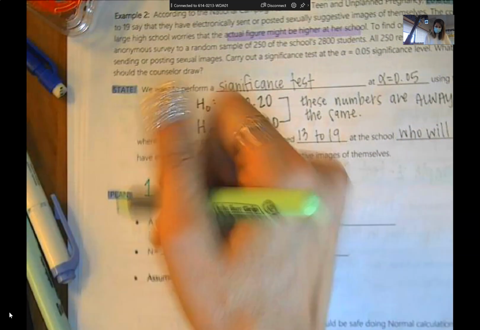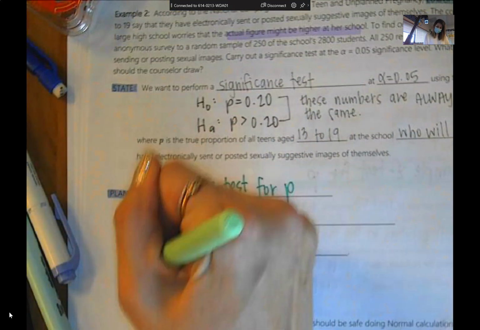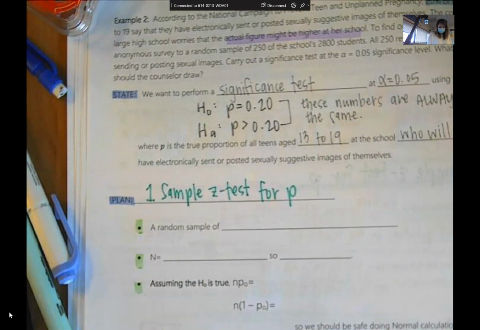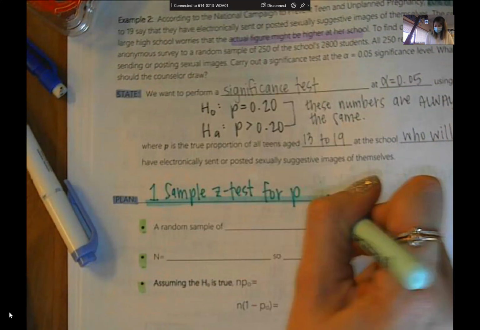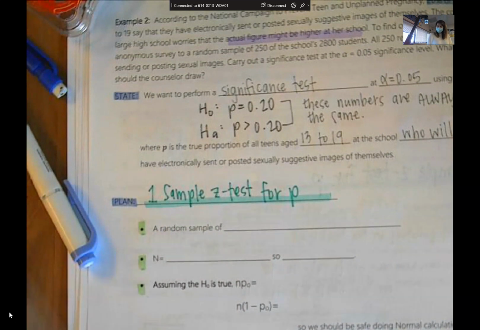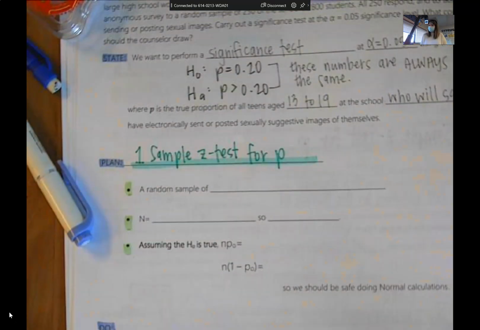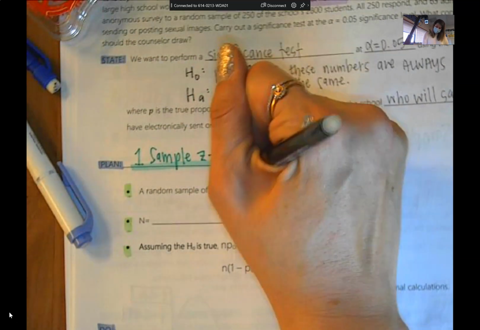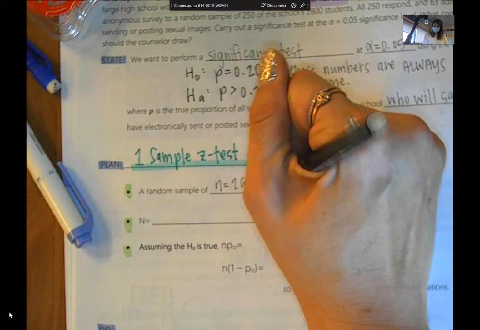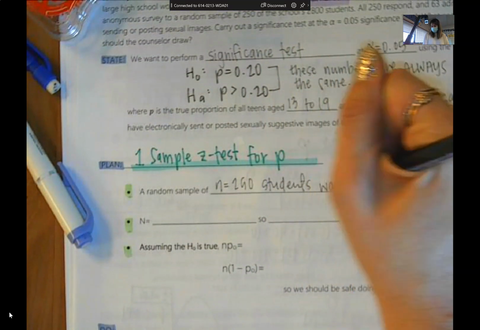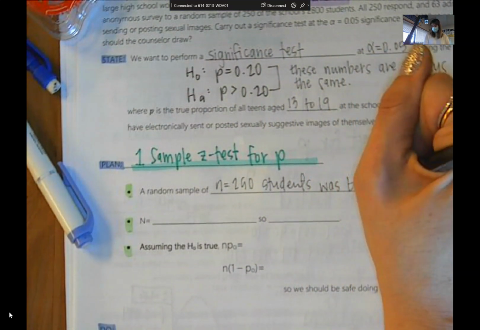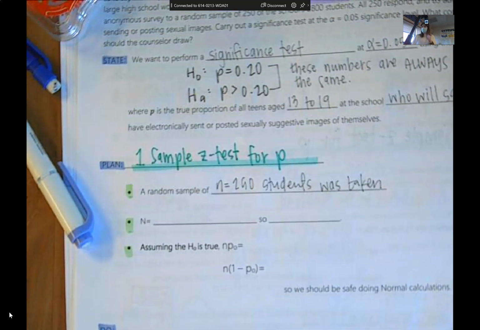And we've got some conditions that we need to check in order to do that. So first one is randomness. A random sample of n equals 250 students was taken. So a random sample was taken.